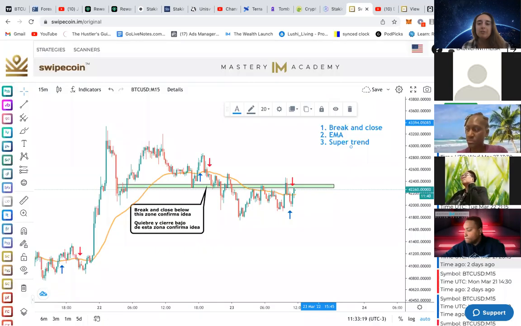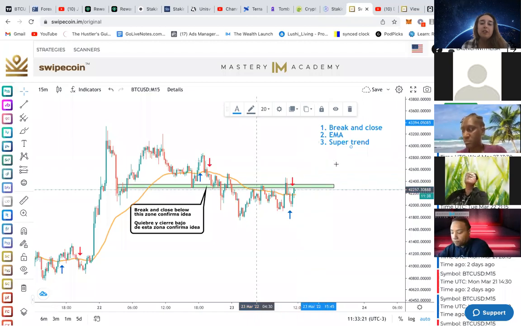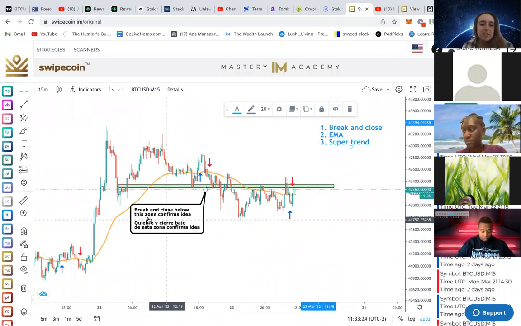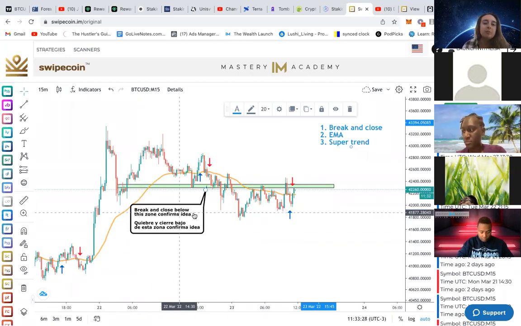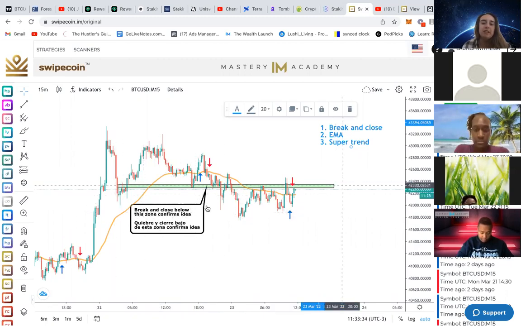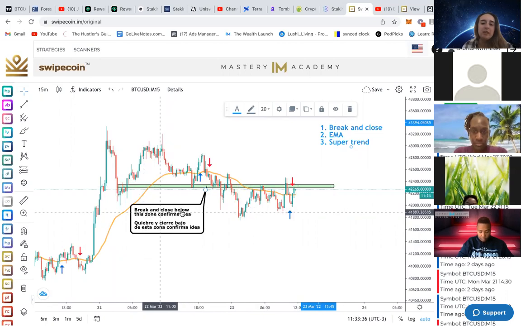Make sure. So step number 1. For educational purposes, we are going to pretend that this says break and close below, above this zone confirms the idea, right? So you would have a red box here if we were looking for it to break and close above the zone. All right, break and close above. Now, what does that mean?